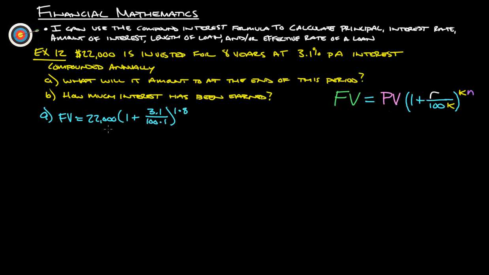So we can just plug this into the calculator. Let's simplify it first to make it a little bit easier. 3.1 divided by 100 is 0.031, because we just move the decimal over 2 spots. And then 1 times 8 is 8.